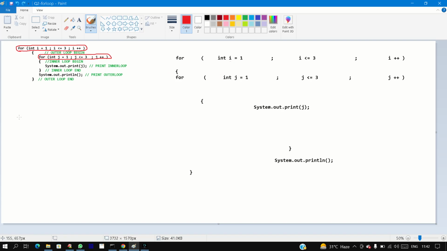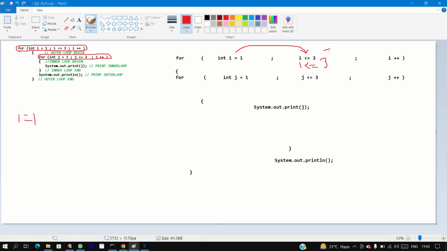Fine. We have i is equal to 1. After initialization, because this is the first execution, isn't it? In the first execution, initialization, after initialization, it will move to the condition. Is 1 less than or equal to 3? 1 is less than 3, isn't it?